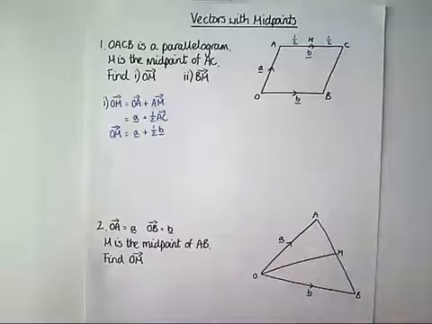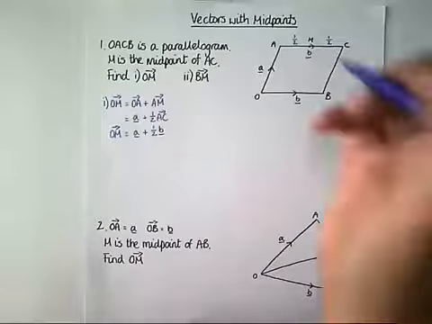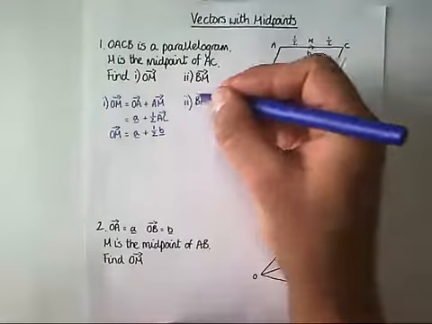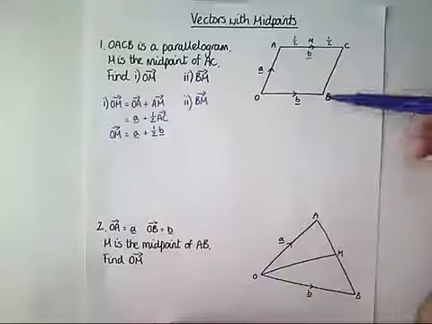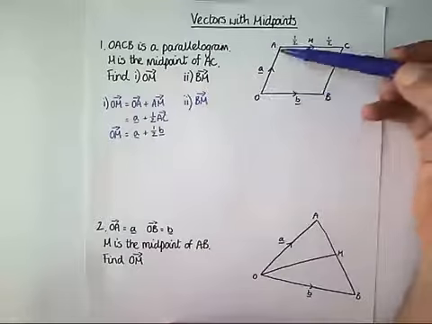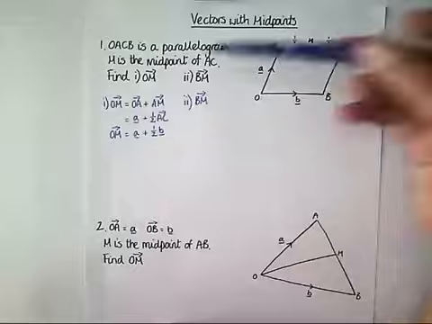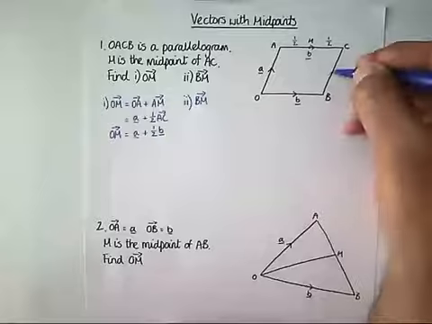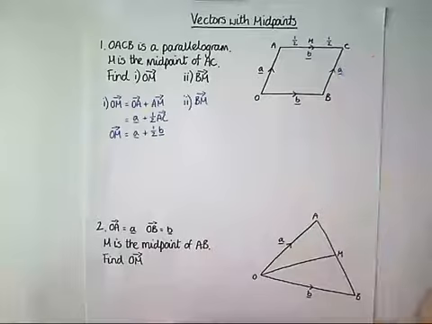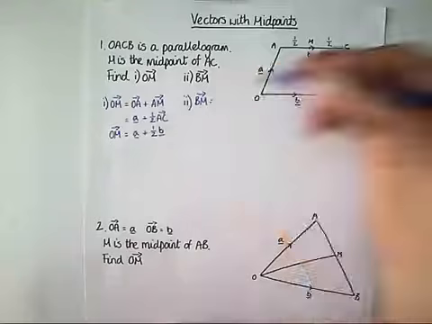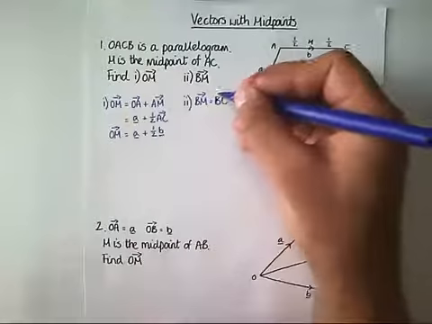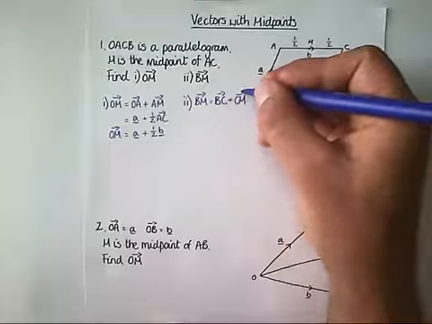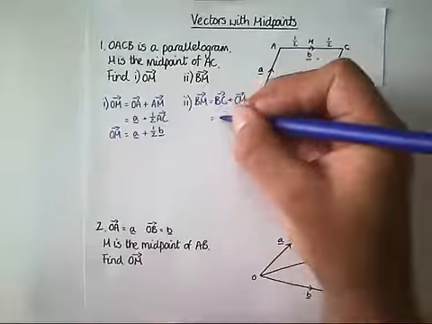Then B to M. Again, we're going to choose a route. We've got a couple of options. We could go B to O, O to A, and then A to M, as we've just done O to M. Or we could go B to C and C to M. Now we know that B to C is also a, so let's do that. Let's go B to C and then C to M. B to C is a again.